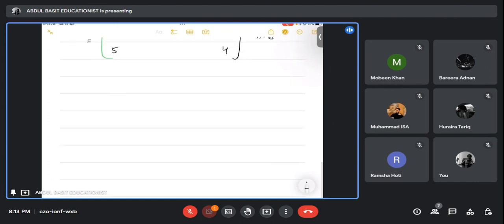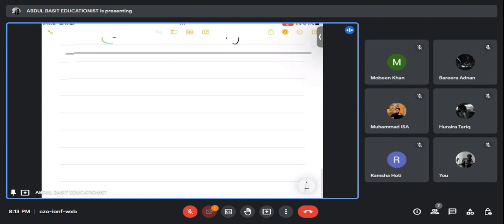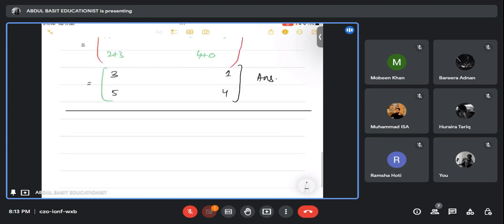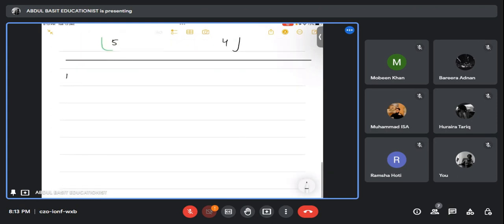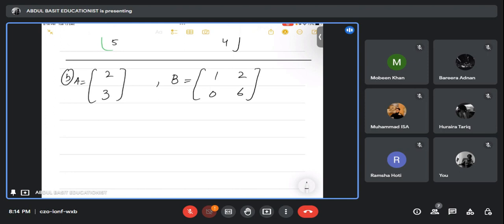In the Cambridge examination, this is how they give the question of addition and subtraction. We'll solve a question on that. So that's very easy. Part B, this is matrix A, and the matrix B is 1 2 0 6. So can I add A plus B? Can I add them?